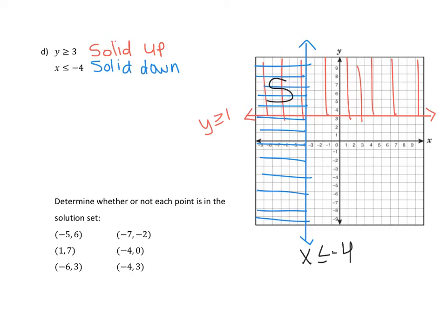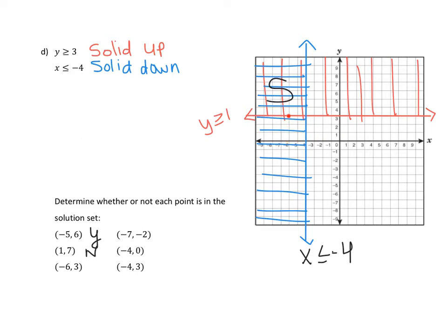We have two solid lines here, so if something does end up on the line in the shaded region, we're good to go. So -5, 6. -5, 6 is up here. 1, 7. It's over here in the positive. It's definitely not. -6, 3.